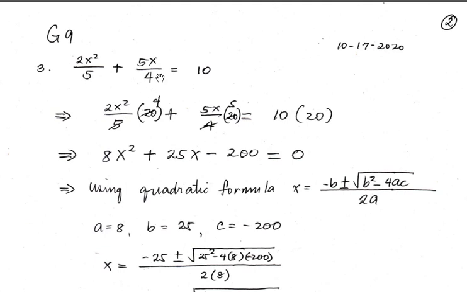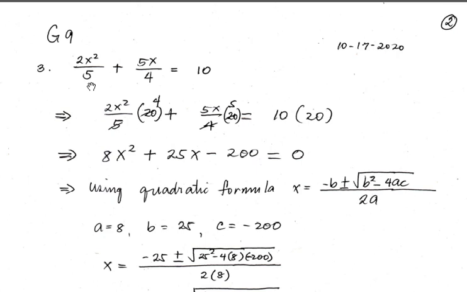When these denominators are relatively prime, then the least common denominator that we can have is to multiply them. So 5 times 4, we have 20 as the LCD.